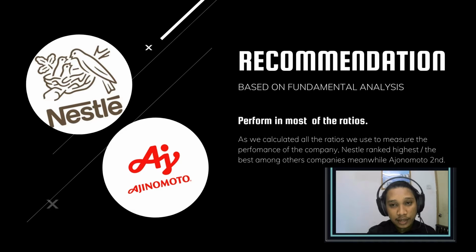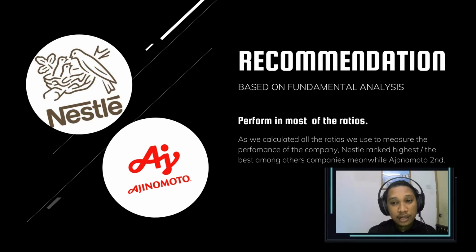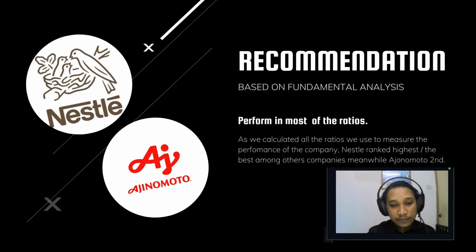However, as we know, Nestle's share price is quite expensive, so we found another alternative stock that could be a recommendation for a smaller investor who doesn't have big capital.